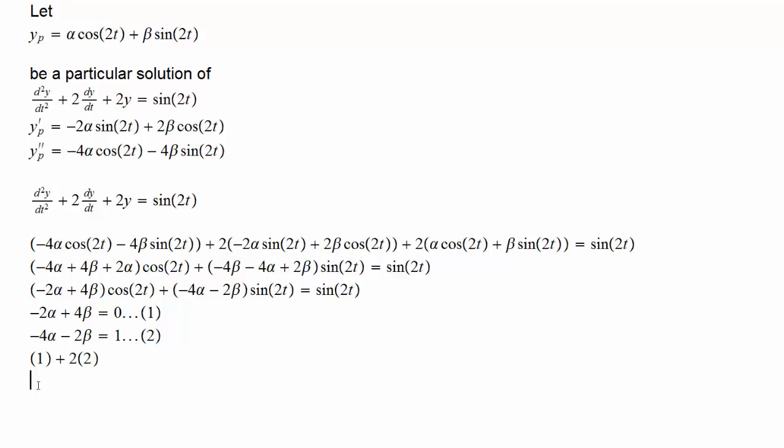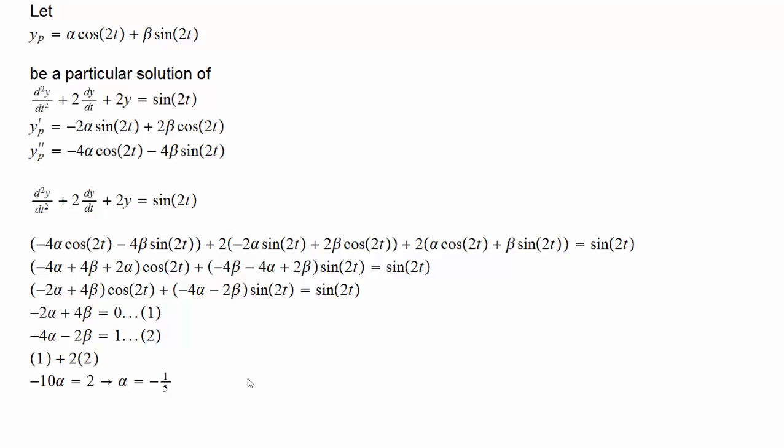The 4 betas will cancel, and this will become -10 alpha, and that will equal 2, since we multiplied by 2. So we get that alpha equals -1/5.